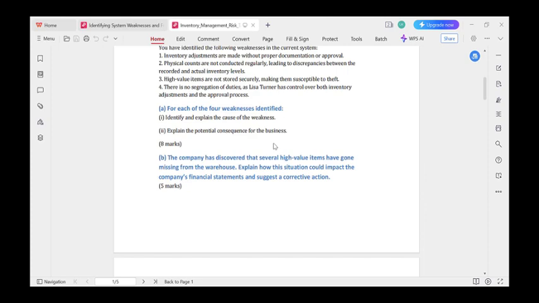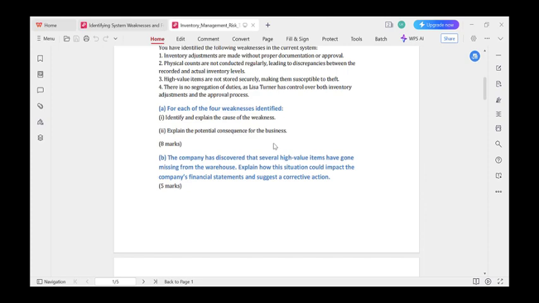The second problem we have is irregular physical counts. Physical counts are not conducted regularly, which is leading to discrepancies between the recorded and the actual inventory levels.